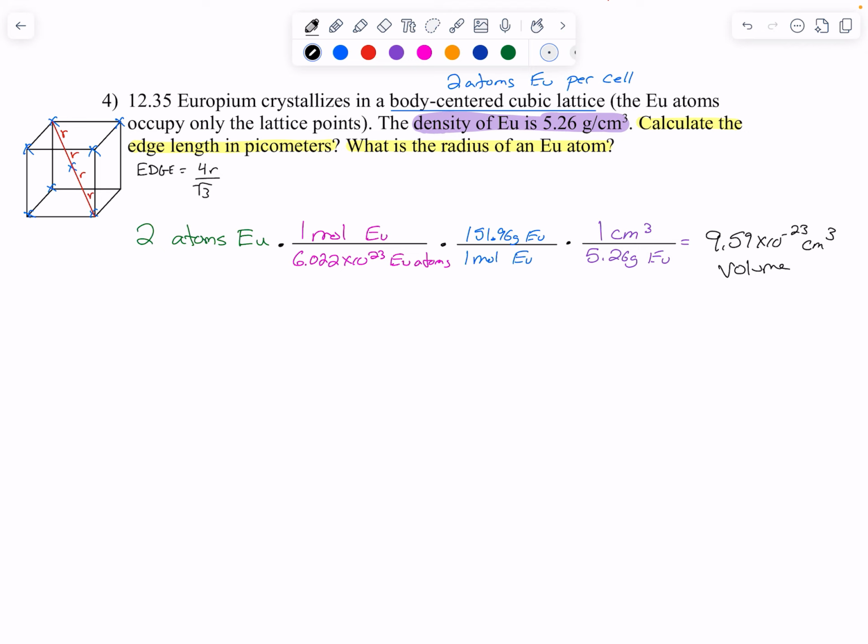Well, I have congruent edges, right? So all the edges are the same size. So the edge is the cube root of the volume.